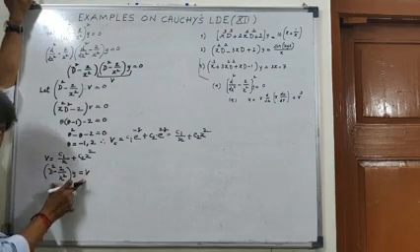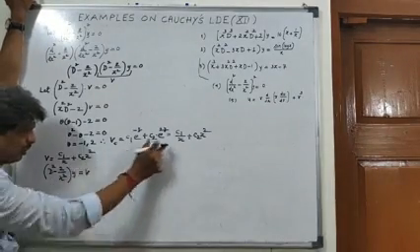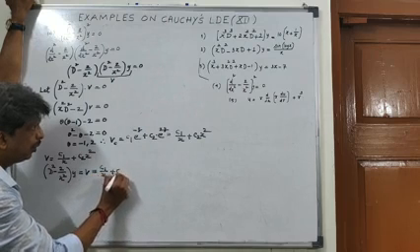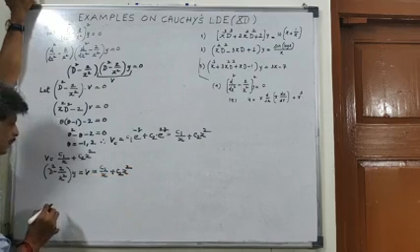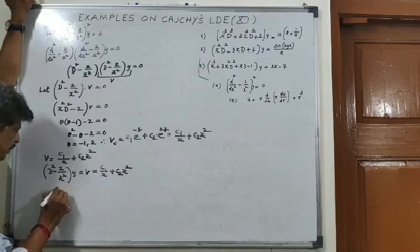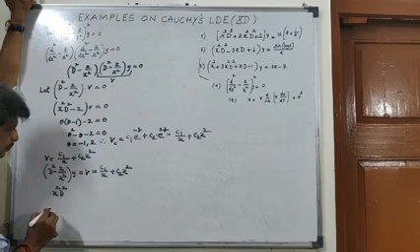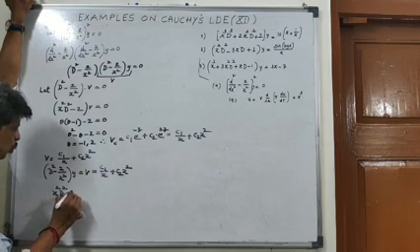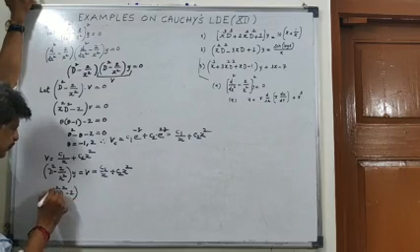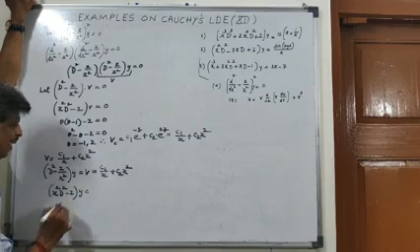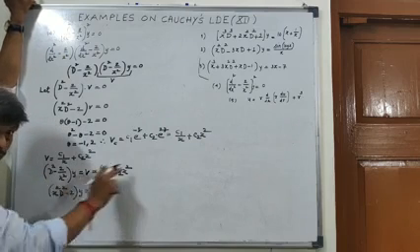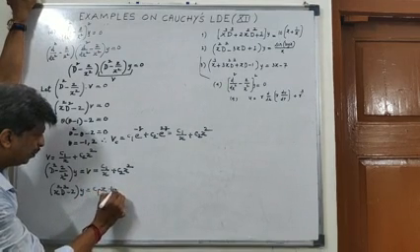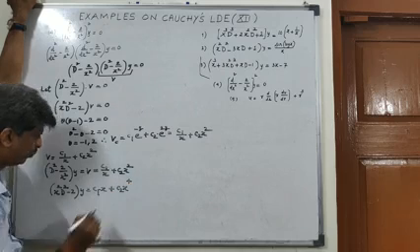Once again, this is a Cauchy's linear differential equation. V was C1 by x plus C2 into x square. This is x square D square minus 2 into y is equal to, I am multiplying throughout by x square, C1x plus C2 into x to the power 4.